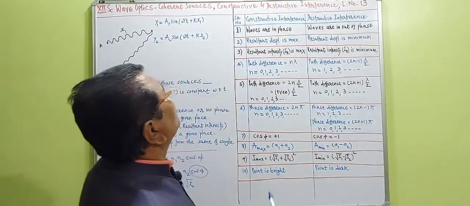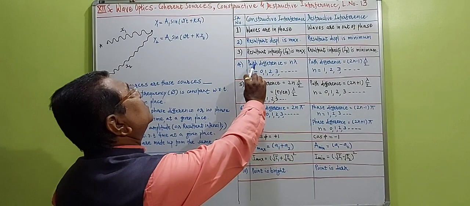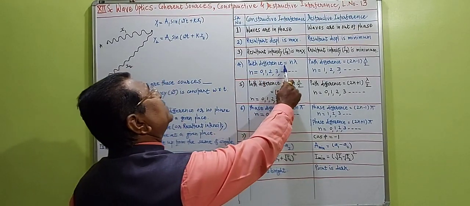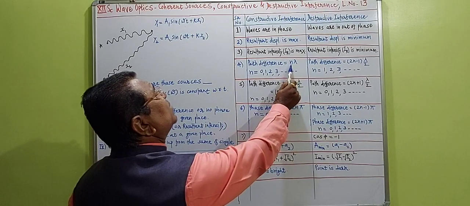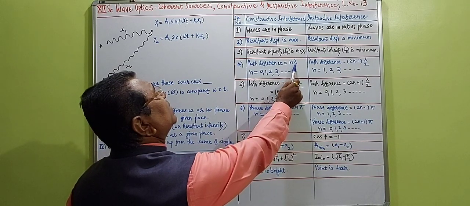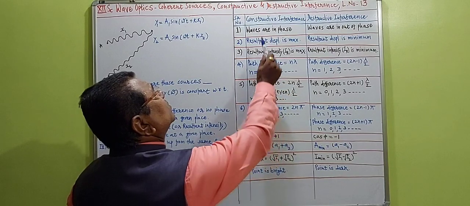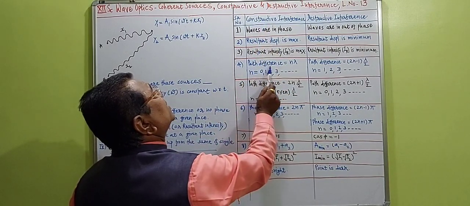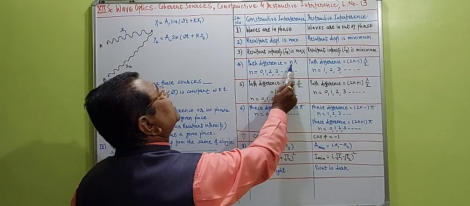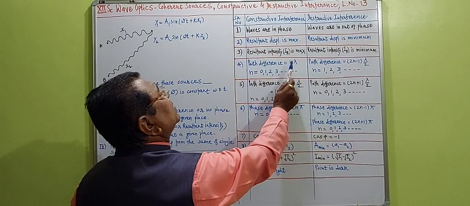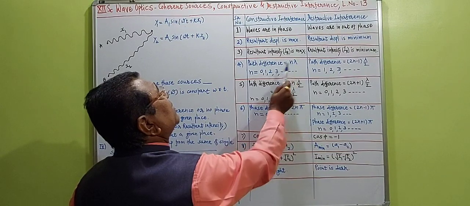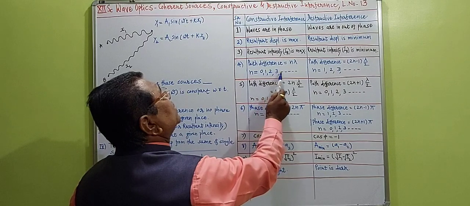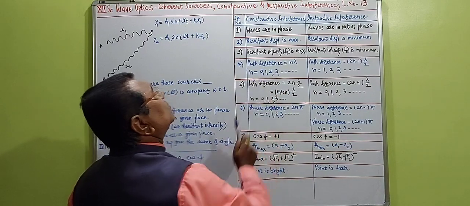Listen carefully, and concentrate on path difference. We get constructive interference, a bright point, if the path difference between two waves is an integral multiple of wavelength lambda, that is n lambda, where n is equal to 0, 1, 2, 3 and so on. n starts from 0.